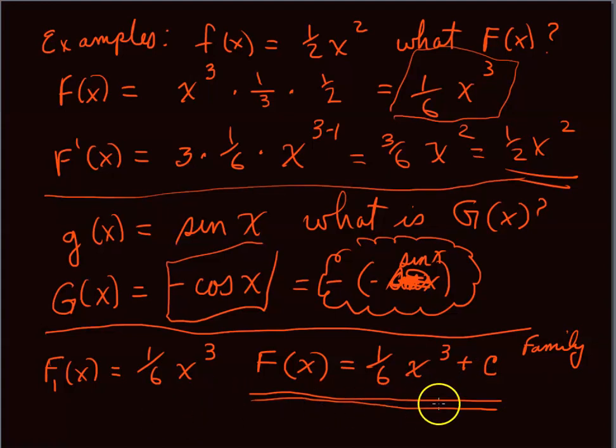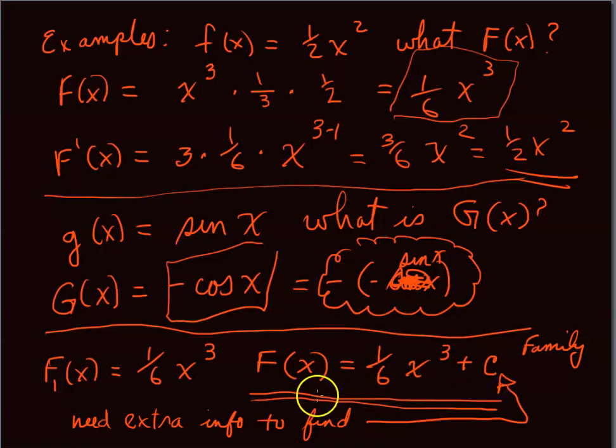So, what is this c, and how do we know what c is exactly? We would need some extra information to find c, to find out what exactly that would be. They would have to give us some information for us to plug in and essentially solve for c. How do they do that? Well, let's take a look at this on the next screen.